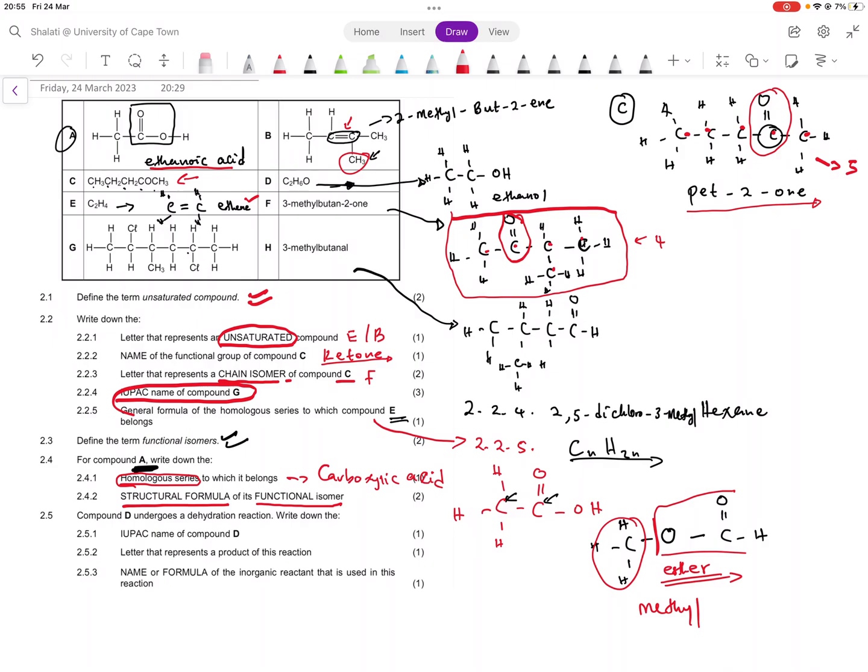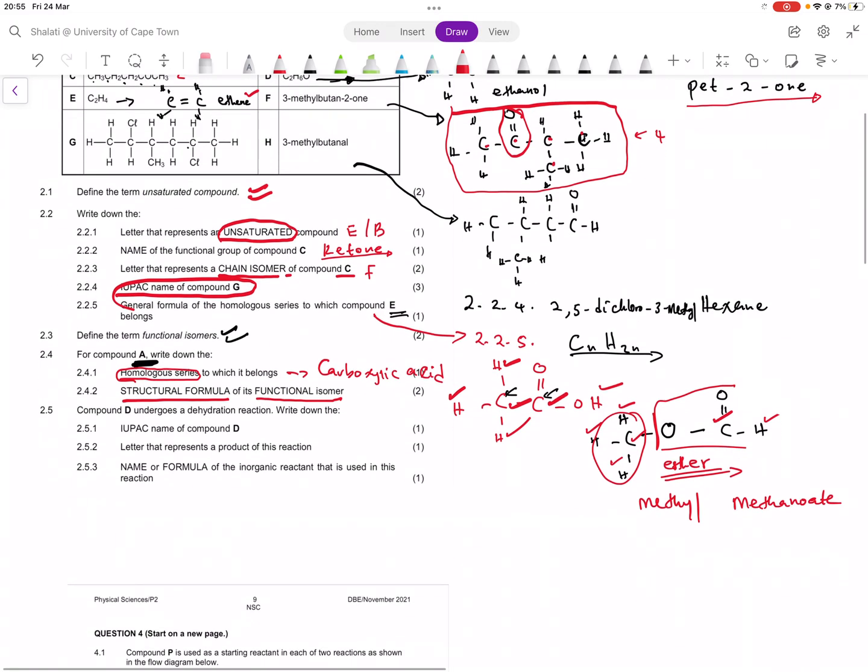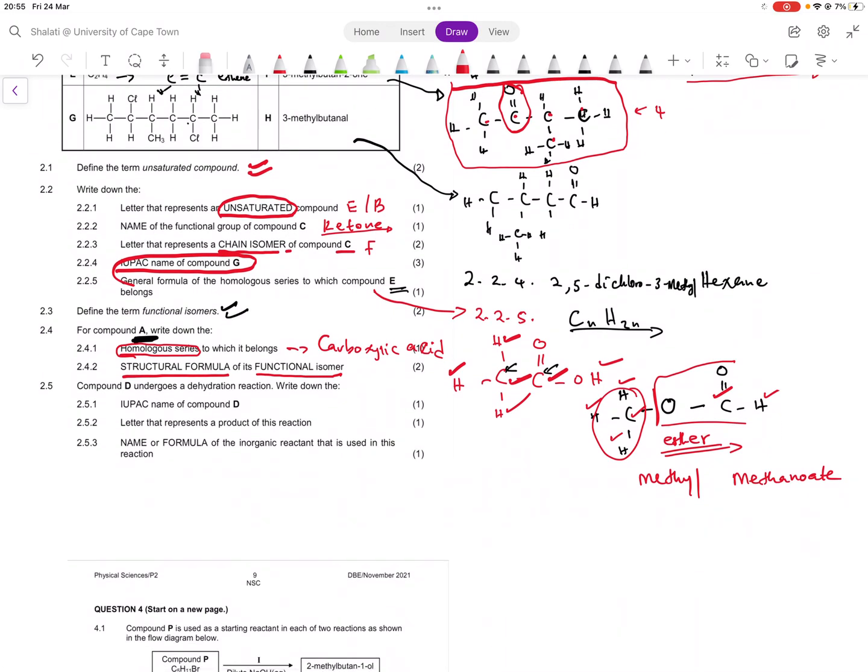So it's gonna be methyl methanoate. So let's check, do I have the same number of carbons? Okay, let's start with hydrogens. 1, 2, 3, 4. Let's go to the other one. 1, 2, 3, 4. Same number of carbons? Yes, I have 1, 2, 1, 2. So these are functional isomers. You have the same formula but different structure.